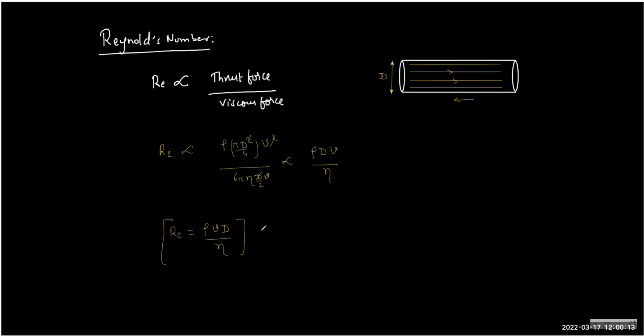D is the diameter. You can also write it as 2 rho V radius upon eta. So if the Reynolds number turns out to be less than 2000, the flow will be laminar.